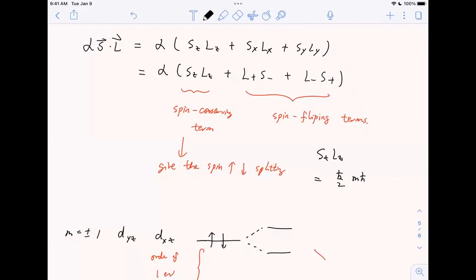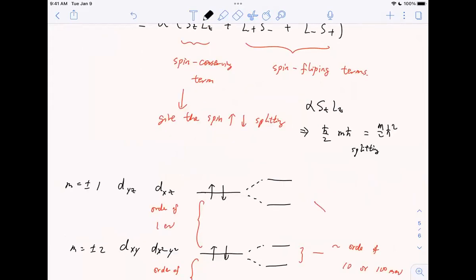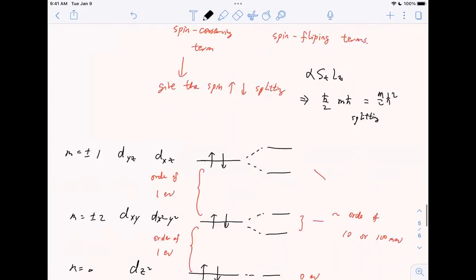So you have a splitting of m over 2 h bar squared. That gives you the splitting, so that means spin up and down will be different.